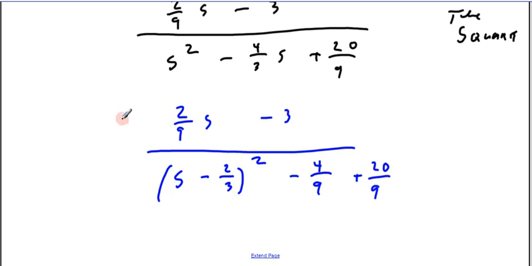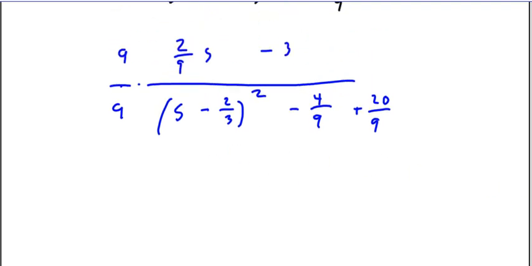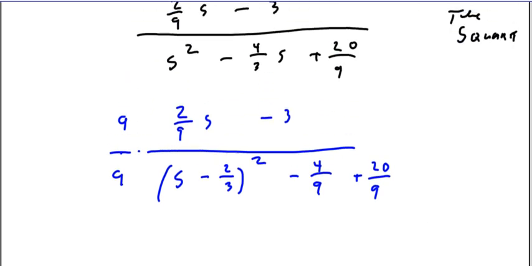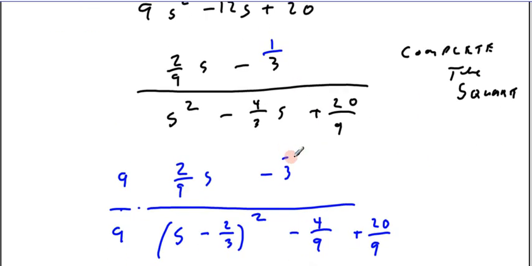Okay, I'm going to multiply top and bottom by 9. What is going on here? Why is that a 3? This should be a 1/3. And this should be a 1/3.